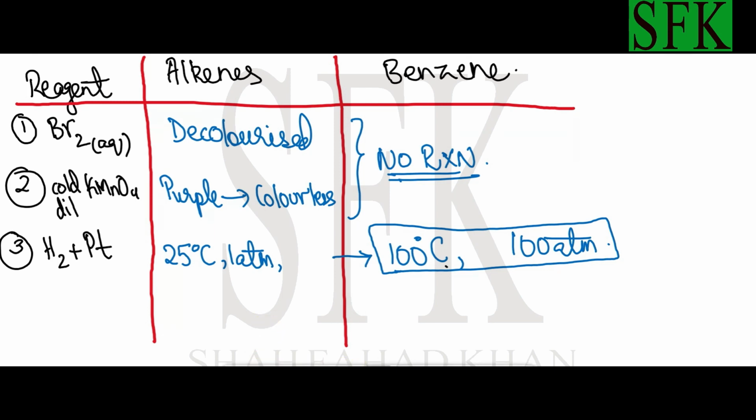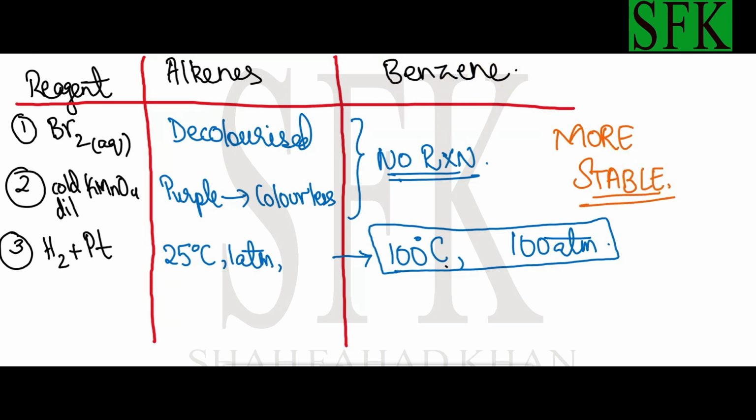What does this suggest? This suggests that bromine water or the cold KMnO4 can rapidly react with alkenes but do not react with benzene. This actually means that benzene is more stable.